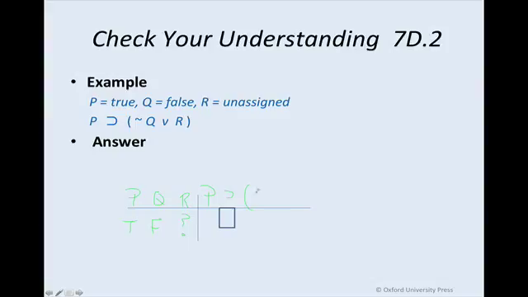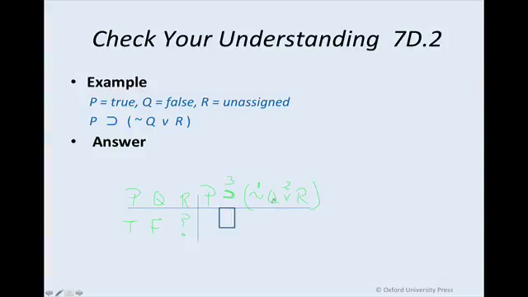The sentence says, if P, then either it's not Q or it's R. Since this is the main connective, we're going to determine its value last. If we just look at negation Q, disjunction R, we know that the negation covers only Q, so we determine this value first and the disjunction second. Again, we're assuming that we can do this absent the value of R.